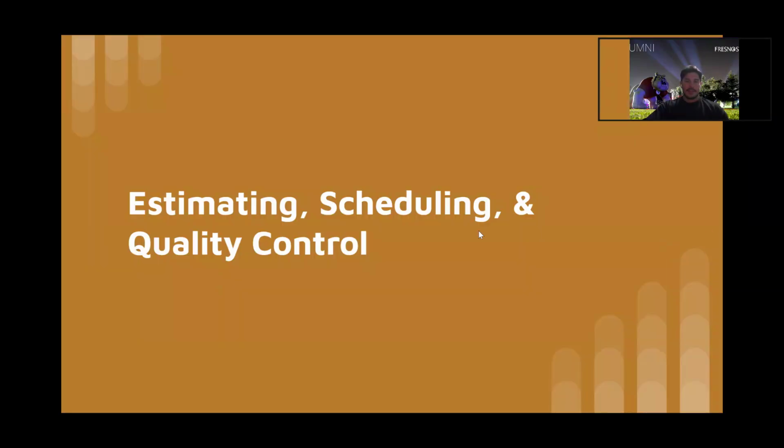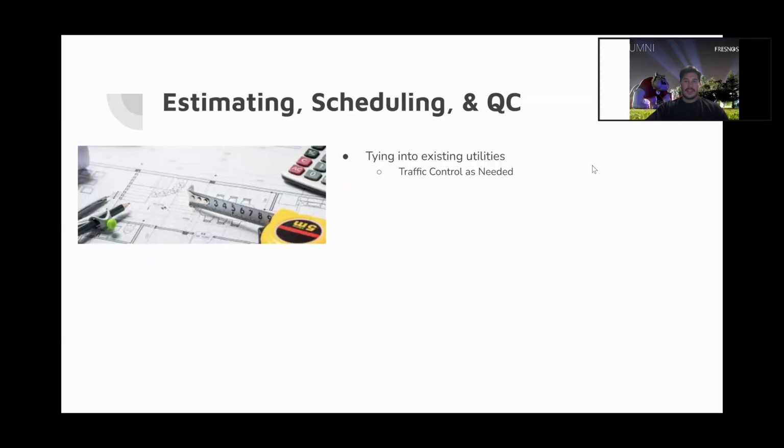And then estimating, scheduling, and quality control. Tying into existing utilities and traffic control are pretty big when you're doing utilities in the roads and on existing systems. As far as estimating and scheduling goes, the baseline schedule is what the general contractor will go off of.